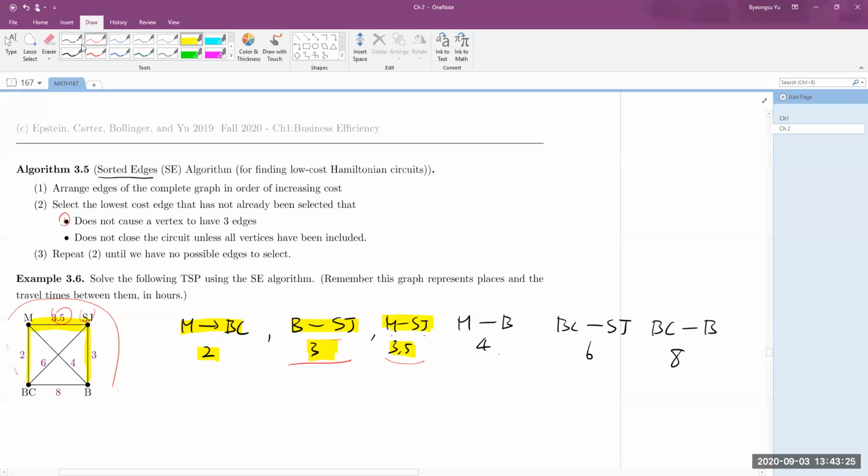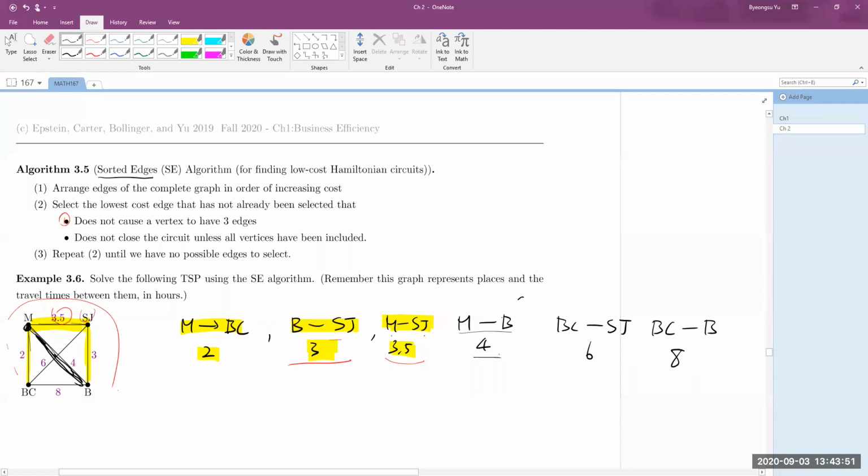Then again, we can see the Miami to Barbados. And if we add the edge from Miami to Barbados, does it make some vertex have 3 edges? Yes, right? So for example, if we add this, then Miami has 3 edges, which is 1, 2, 3, right?